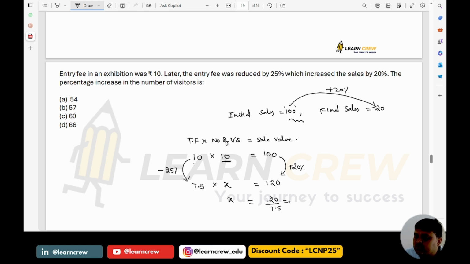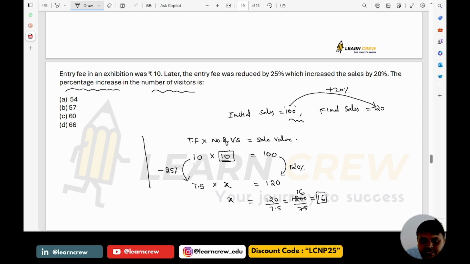This is nothing but 1200 divided by 75, which is 16. So initially you have 10 visitors and finally you have 16 visitors.